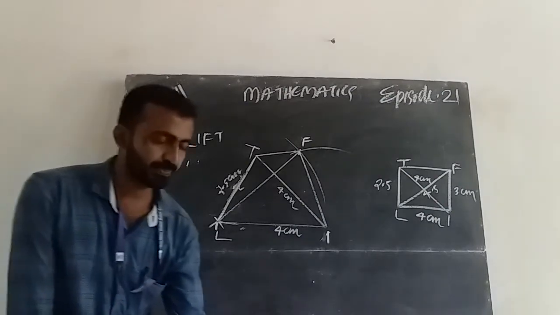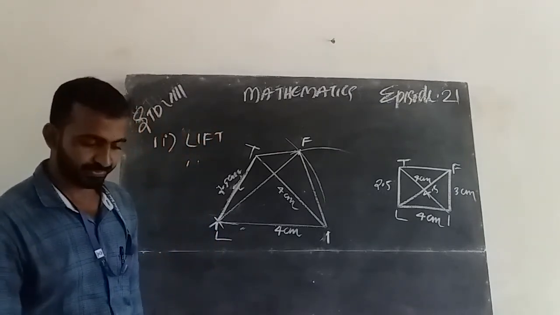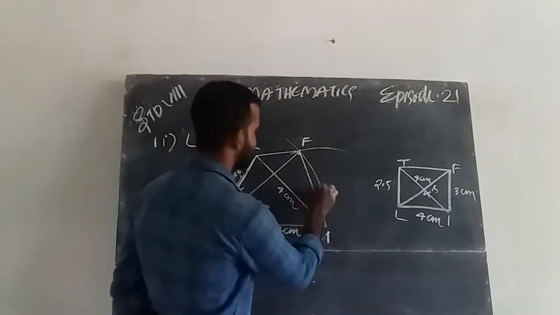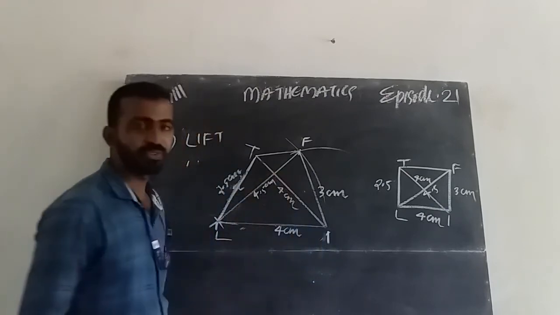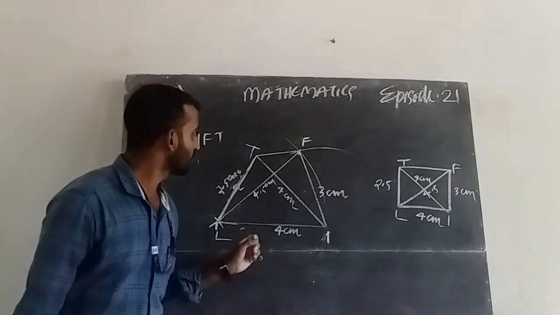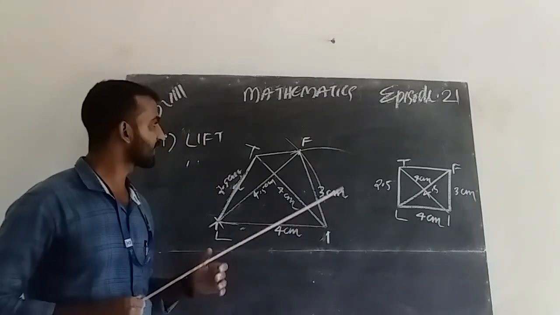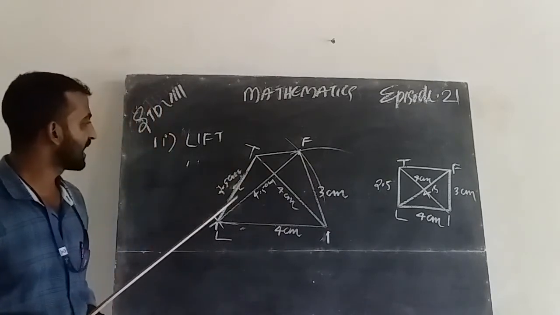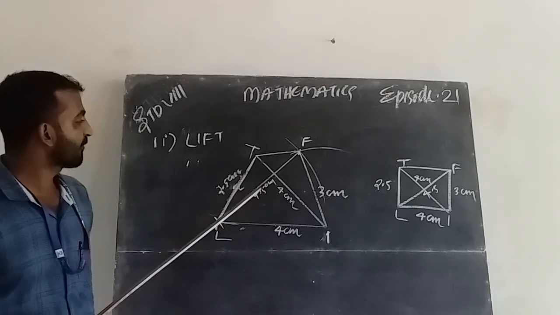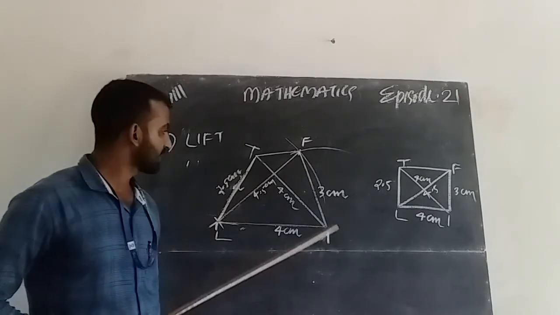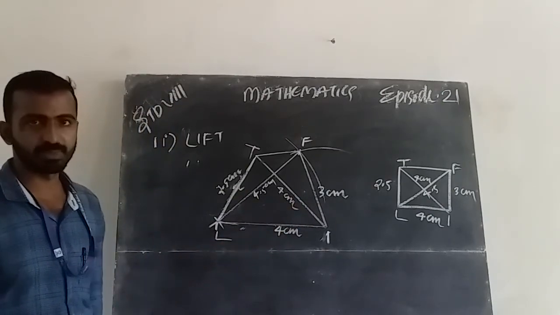We wanted to draw the quadrilateral LIFT. LI equal to 4 centimeter, and IF equal to 3 centimeter, and TL equal to 2.5 centimeter, and LF is 4.5 centimeter, and TI equal to 4 centimeter.